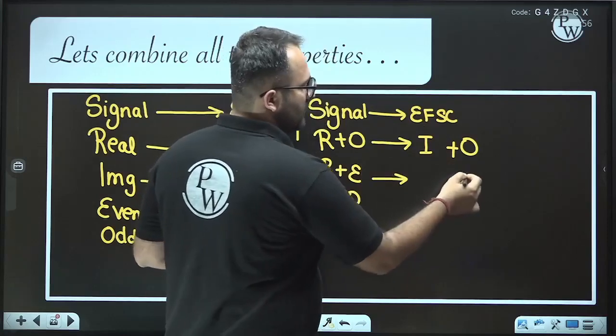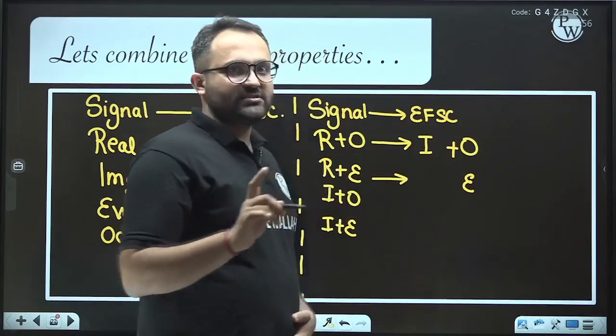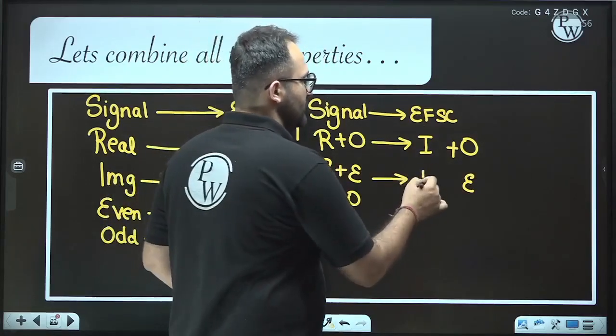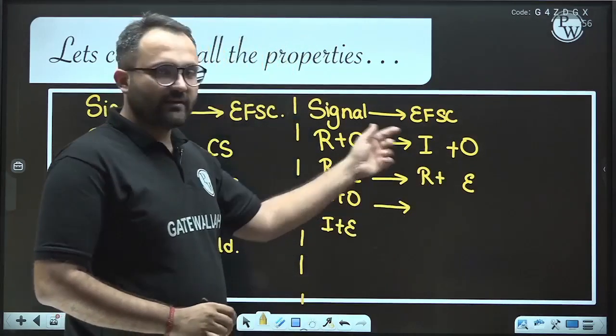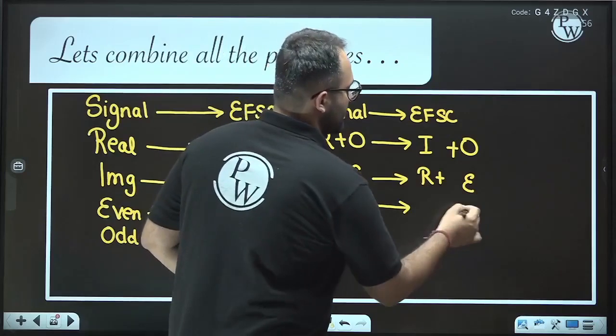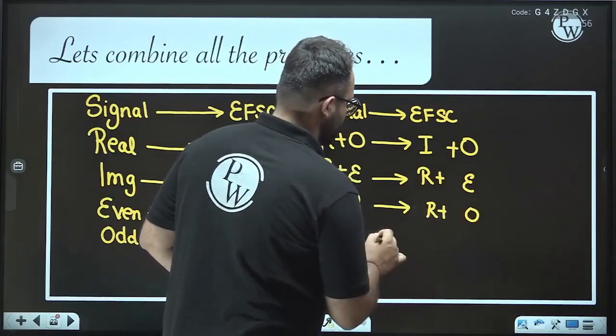Even will always give even, but even does not change the format, so real will stay real. Odd will give odd, but it will convert the format.